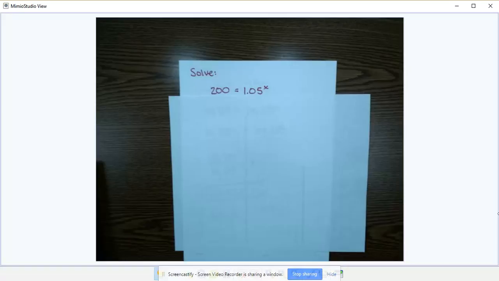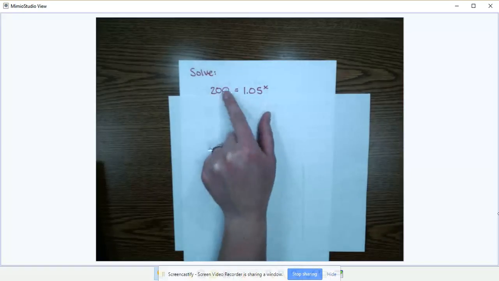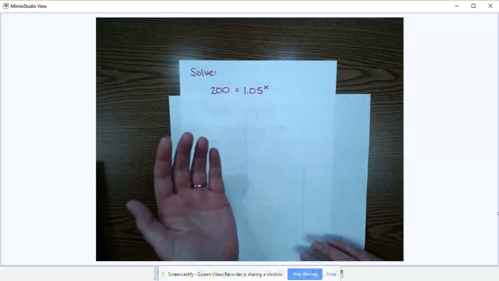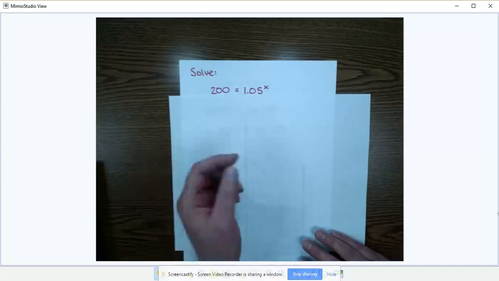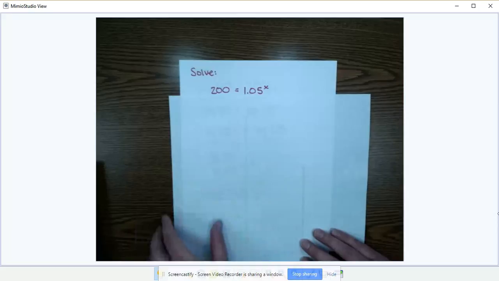So 200 equals 1.05 to the x. We're obviously solving for x. In order to get that x out of the exponent, we have to take the log of both sides, because the only rule that we know thus far to get a variable out of the exponent is that power logarithm rule that we just talked about.